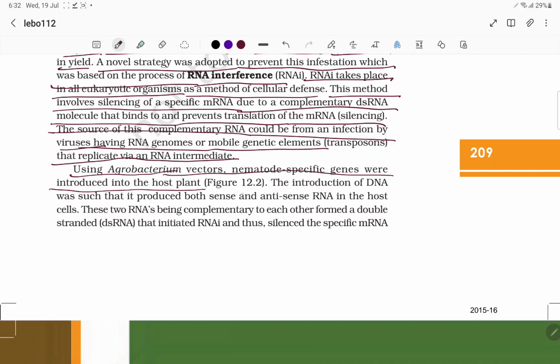The introduction of DNA was such that it will produce both sense and antisense RNA in the host cells. These two RNAs being complementary to each other form a double-stranded RNA that initiated RNAi and thus silenced the specific mRNA.